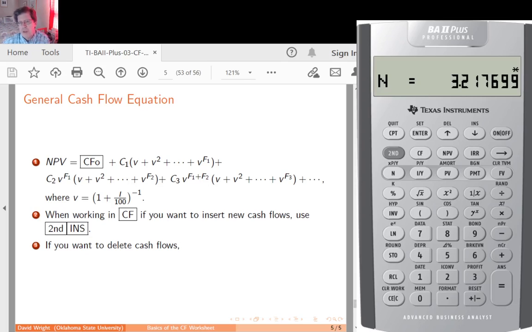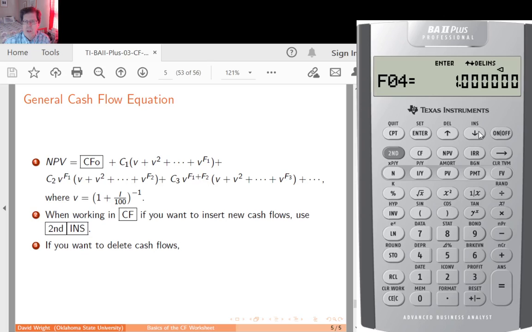So for instance, if I go to my cash flow, and let's say I realize that after the 2,000, there was another year where the cash flow was 3,000. So I go before the 6,000 and I say second insert, and then I type 3,000 and hit enter.